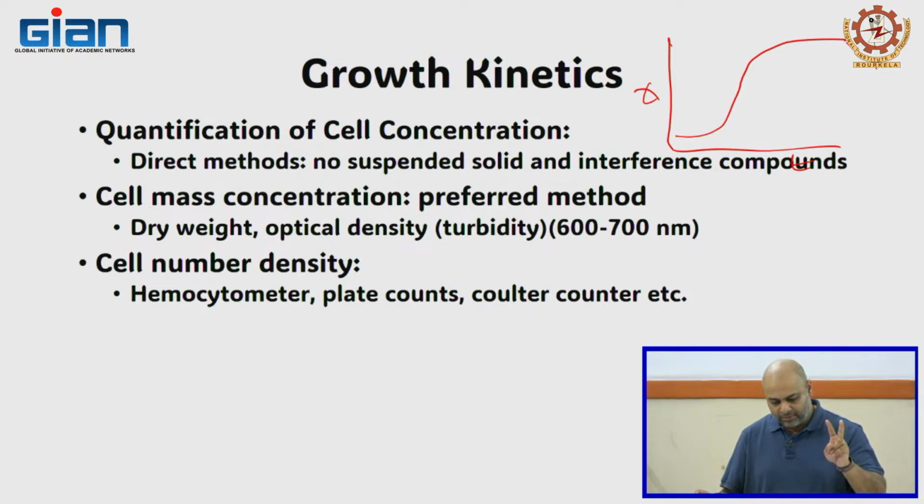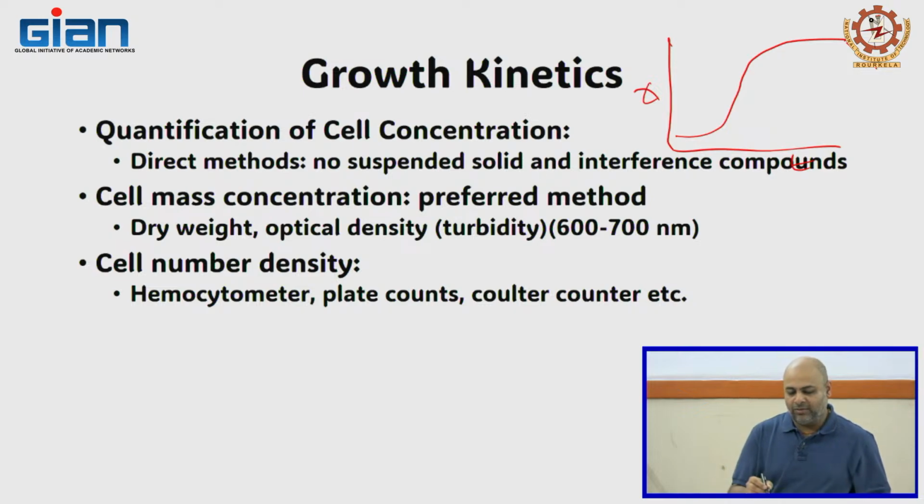So, there are 2 methods. You have the direct methods in which you are looking at no suspended solids or interference compounds, and then there is a preferred method which is actually your dry weight value. So, if you remember when you are doing experimentations as part of your microbiology course, if you are growing a cell in a media in a shaker flask, you will be continuously taking out at least an ml of the media and checking its turbidity, and that is what you are going to plot to check your growth curve, right.